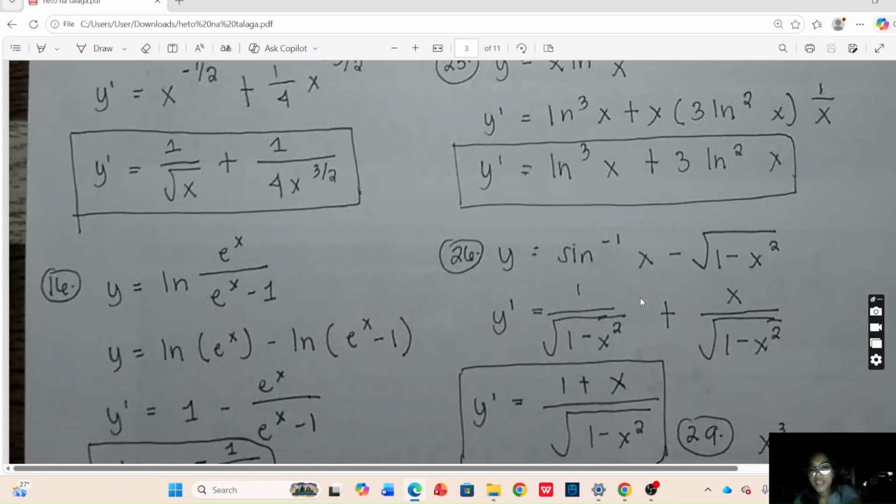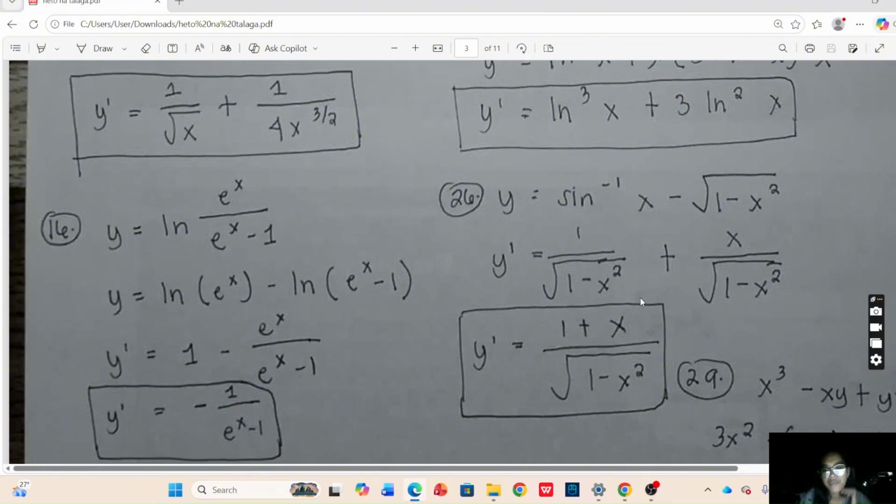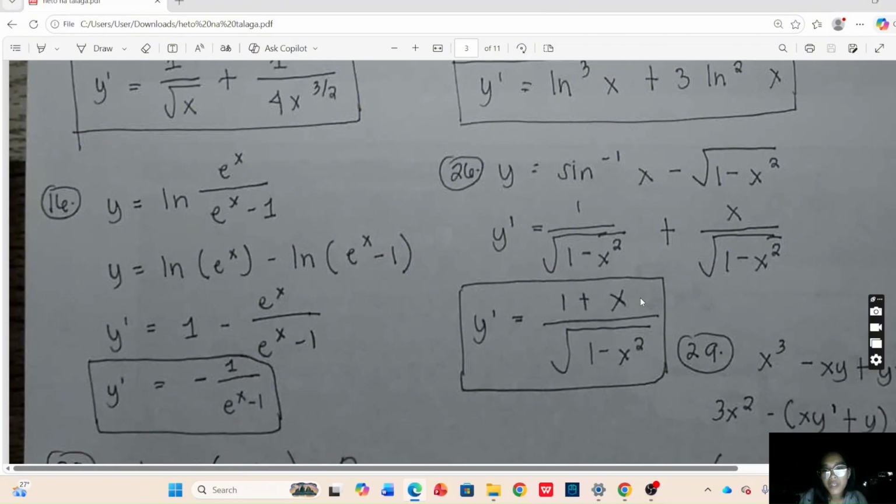So let's have problem number 26. Y is equal to, the function is inverse sine x minus the square root of 1 minus x squared. So we have to differentiate the inverse sine x first.